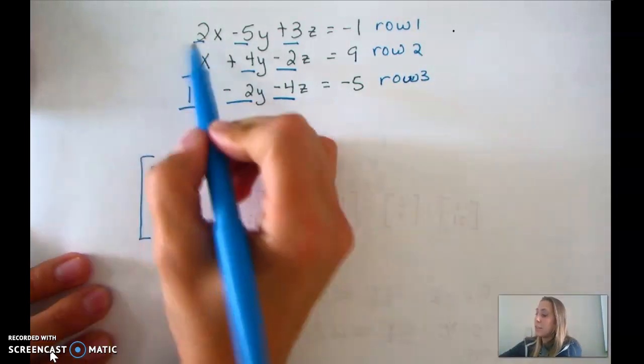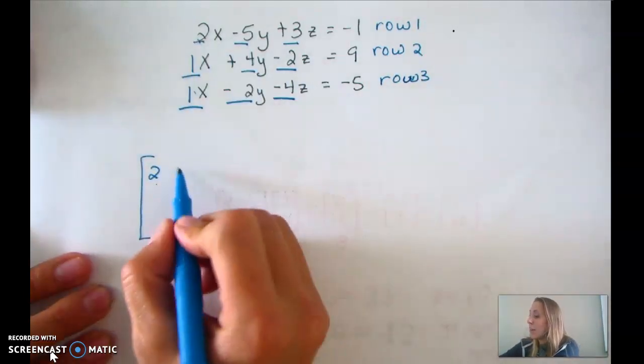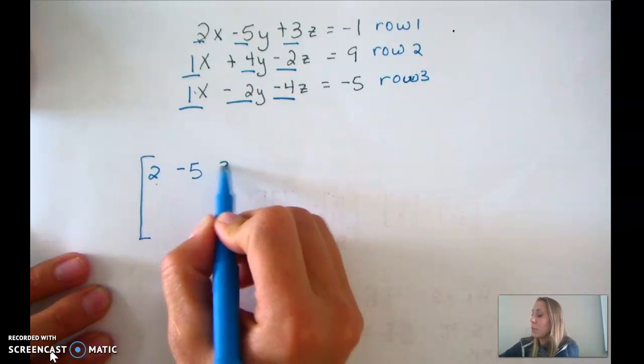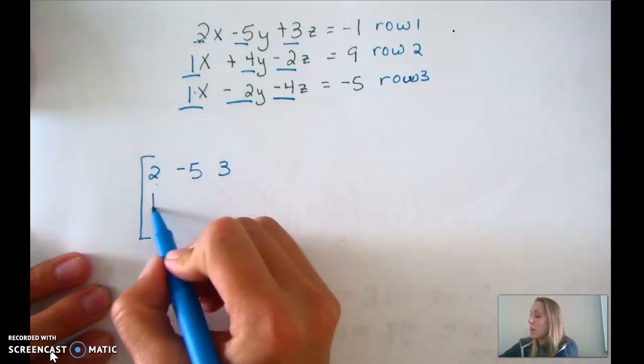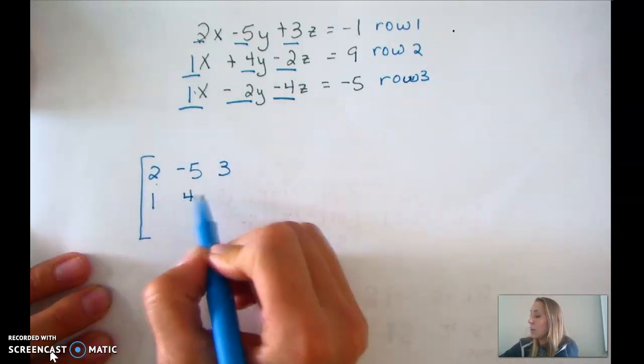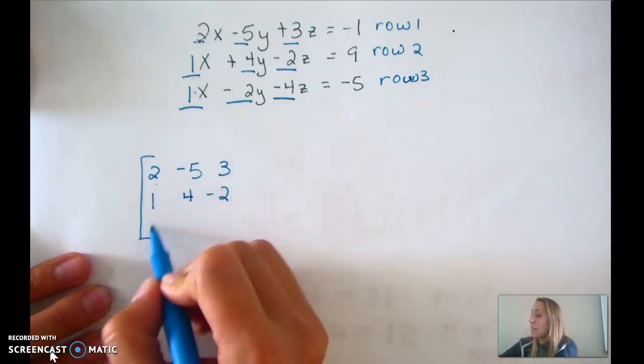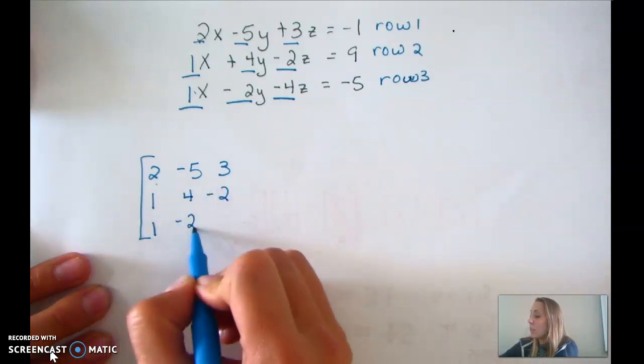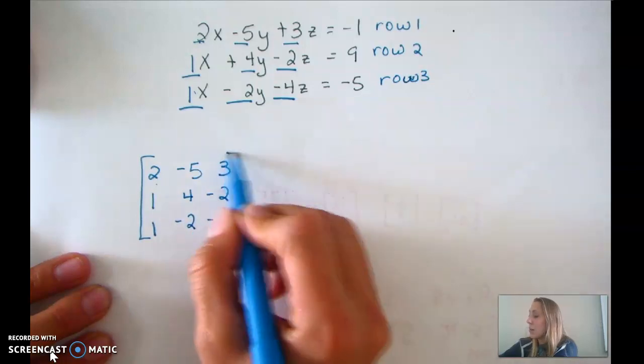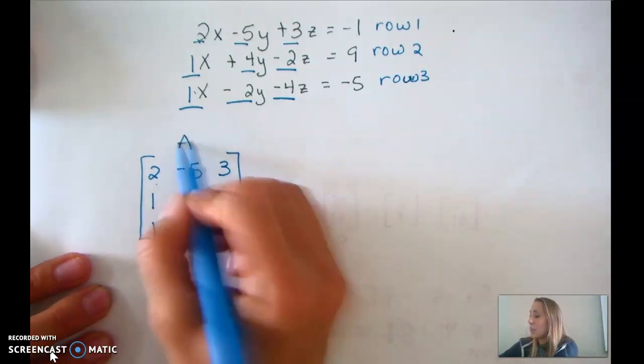So I have the 2 right here, -5, and 3. My next row is a 1, a 4, and a -2. Then I have a 1 again, a -2, and a -4. That is my matrix A.